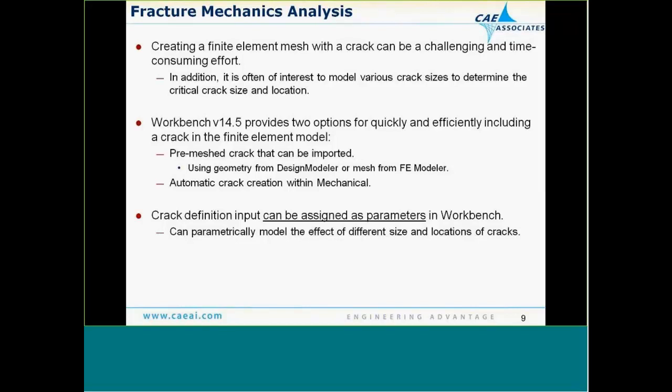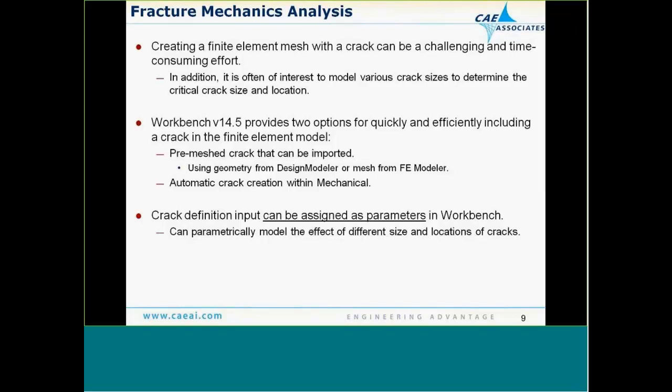And the final thing I wanted to point out is that, especially for the automated crack creation, a lot of the inputs, like the crack size and location and mesh density and so on, can all be assigned as parameters in Workbench.